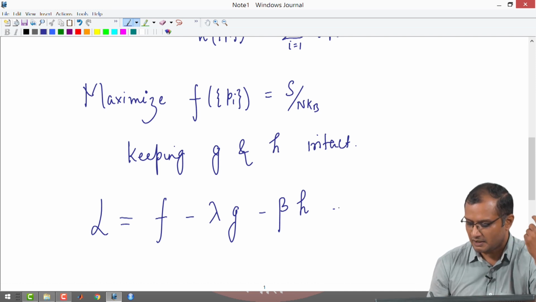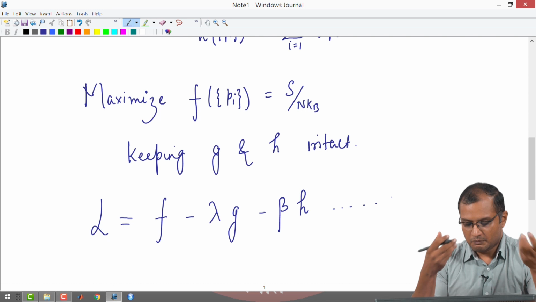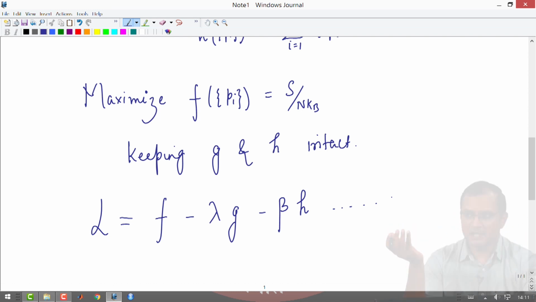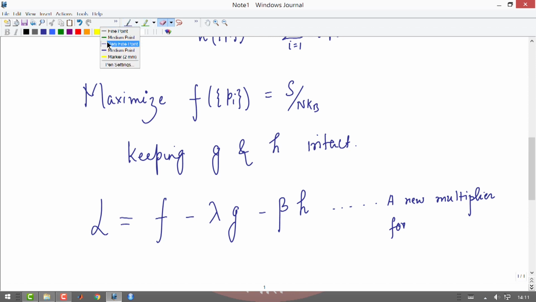As I have said, if you have more constraints, for each physical constraint you will have a new Lagrange multiplier in the problem. This is the standard technique of function maximization.